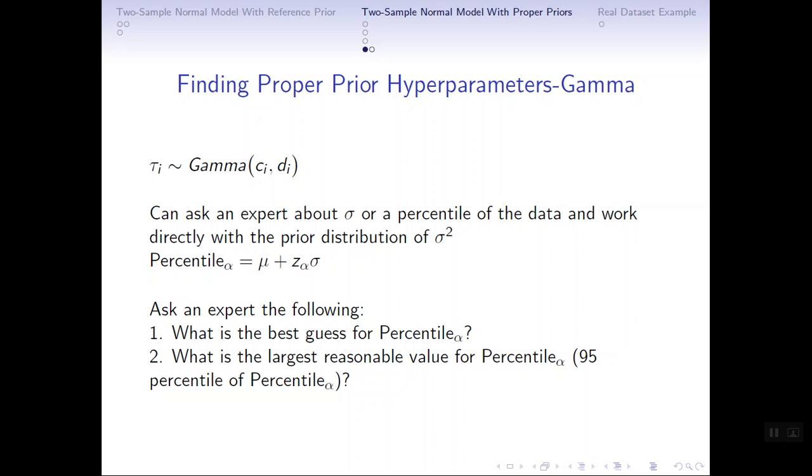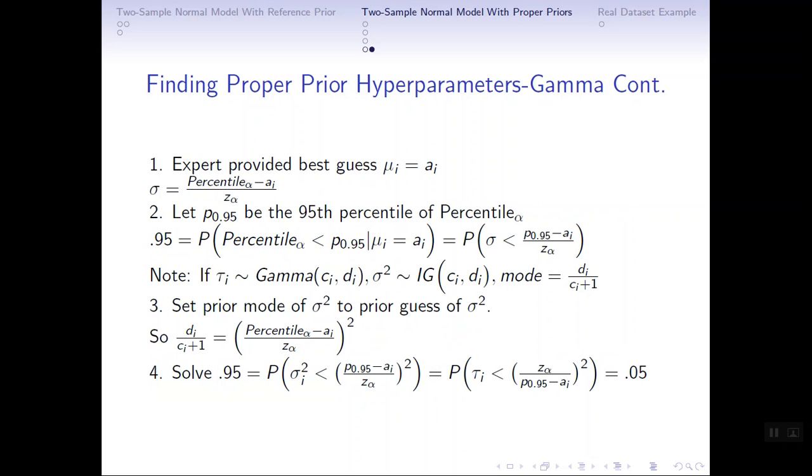And the questions we want to ask are, what's the best guess for the percentile? And then given that information, what's the largest reasonable value for that percentile? So the percentile of that percentile. So with this information, we plug in. We want to solve this 2x2 system of equations for each sample to get the parameters.